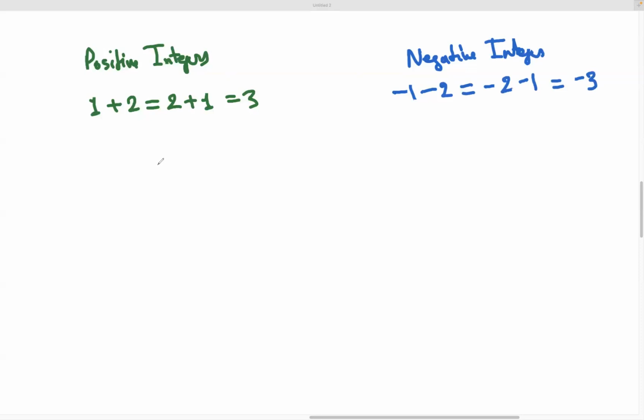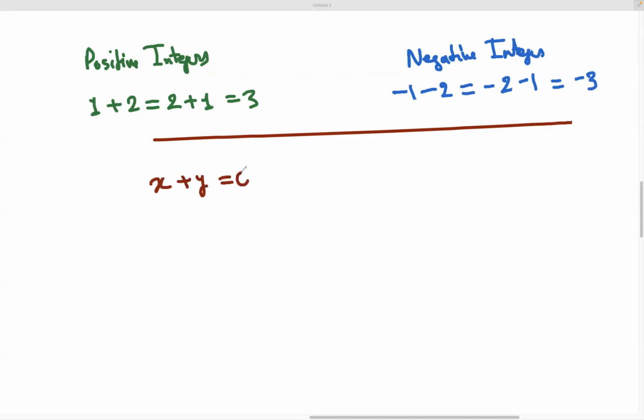And a final relation that we have already seen in a previous example, but as a recap, let's draw a line. If we have x plus y equal to 0, then y is equal to minus x, or x is equal to minus y. That's because here we have a 0, and so we are not writing the 0 here.